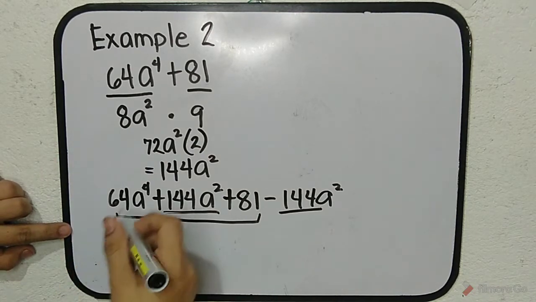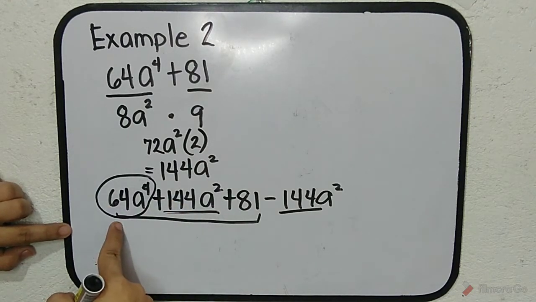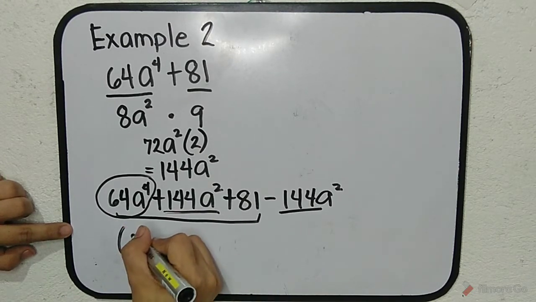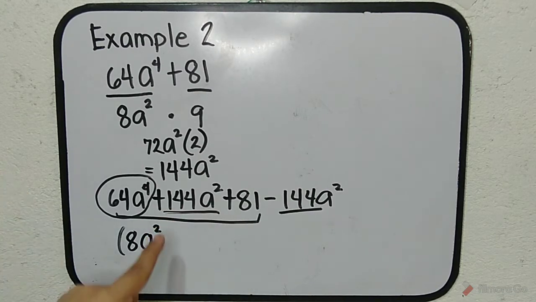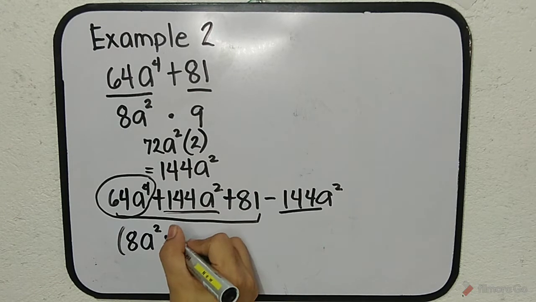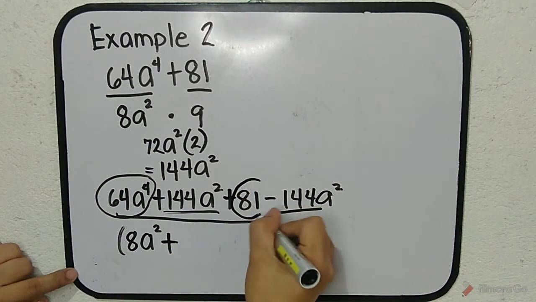So, papaano ulit? Focus ulit tayo dito. So, what is the square root of 64a to the fourth? 8a squared. Next, positive, positive. Meaning, positive ang gagamitin natin or plus. Focus naman tayo dito sa pangatlong term ulit.